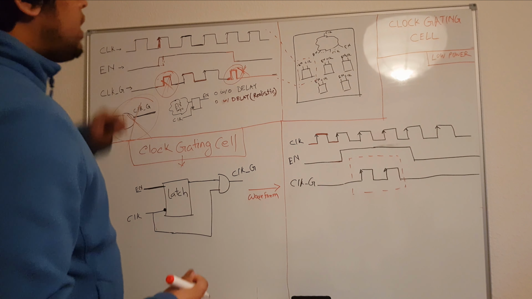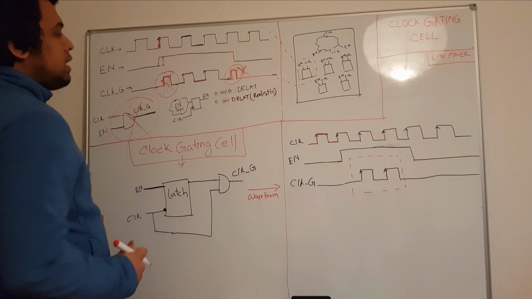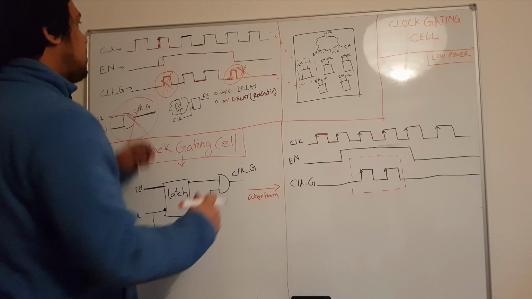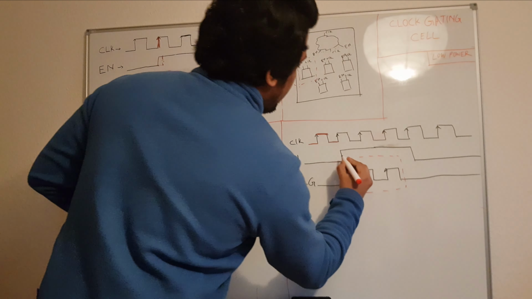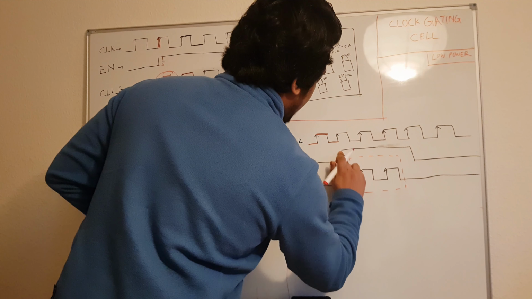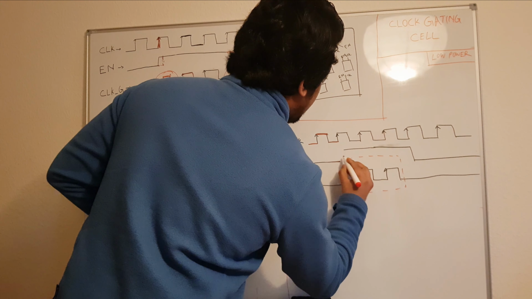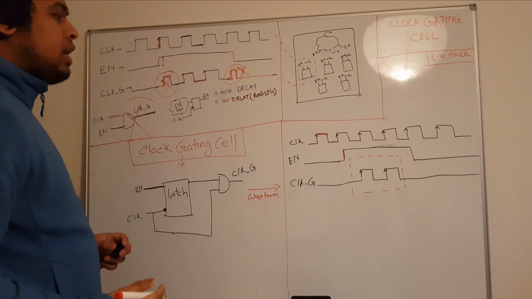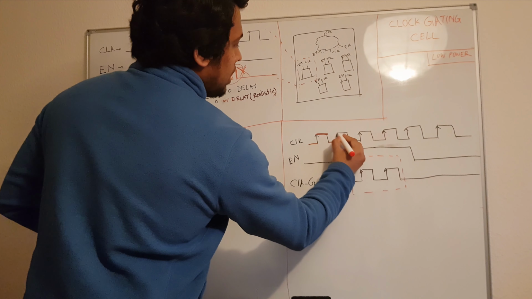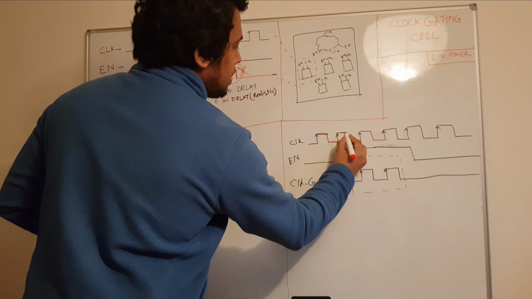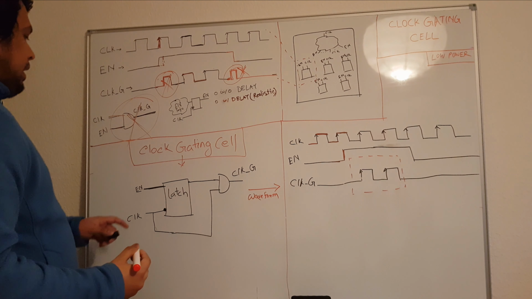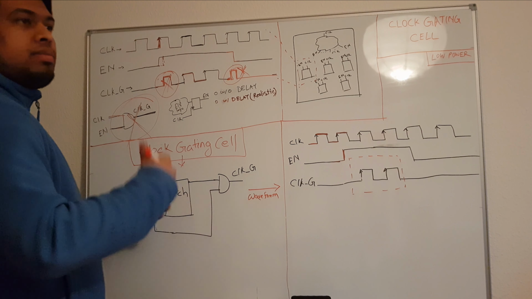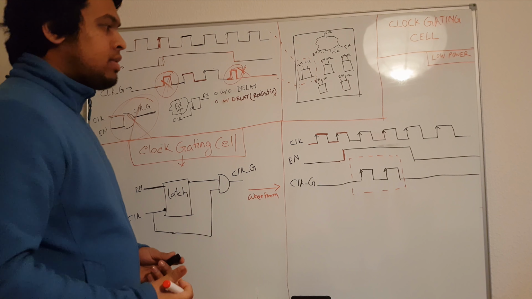Now as we saw here, this enable signal is also being triggered by a positive edge flip-flop. So according to this, we will have some delay. So we can remove this and we'll have some delay, so it will be crossed here, right? So now when the clock has a positive pulse, it still will not transfer anything here because it's a negative edge triggered latch, right?